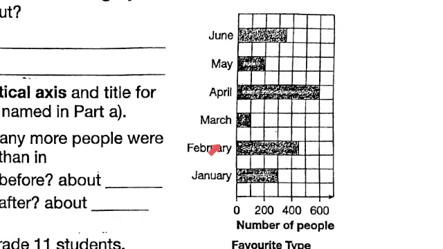So on this particular graph, this is the independent variable because you can control what months you're going to be taking the information. And the dependent variable is the one where you don't know how many people are going to be selected or tallied for those particular months. All right, so we need to give this particular graph a title.